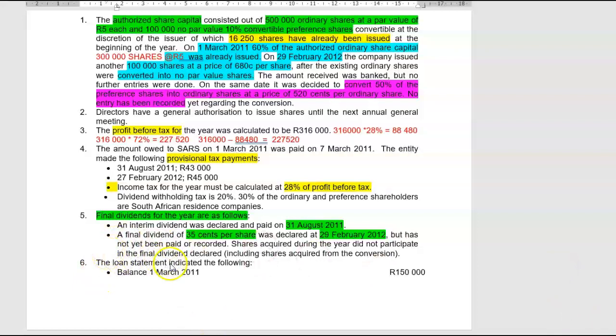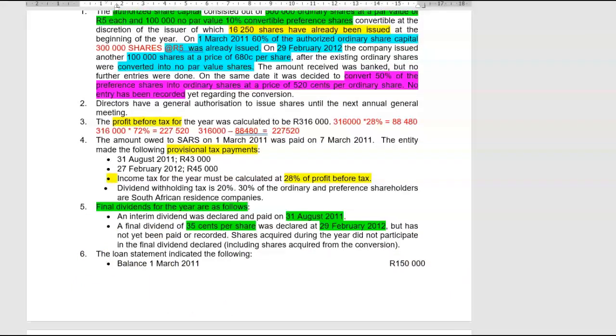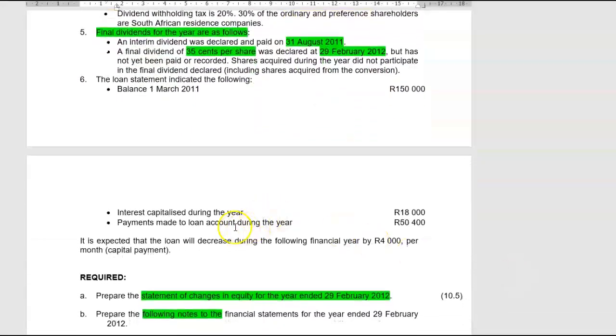We have to do the loan note as well. So the loan statement indicated the following. The balance on 1 March 2011, beginning of the year, was 150,000. There was interest capitalized for the year of 18,000, and there were capital payments made to the loan account of 50,400.